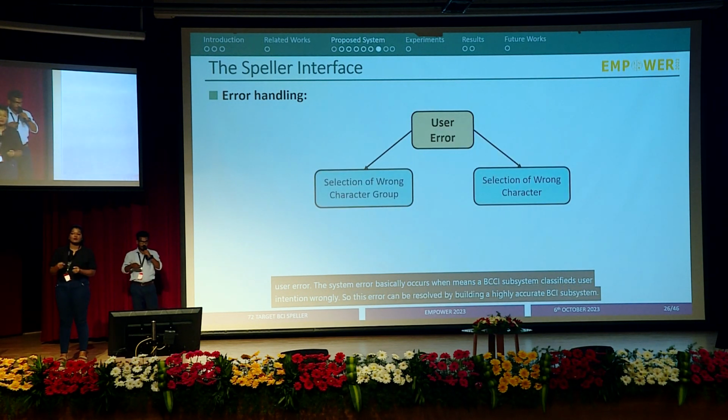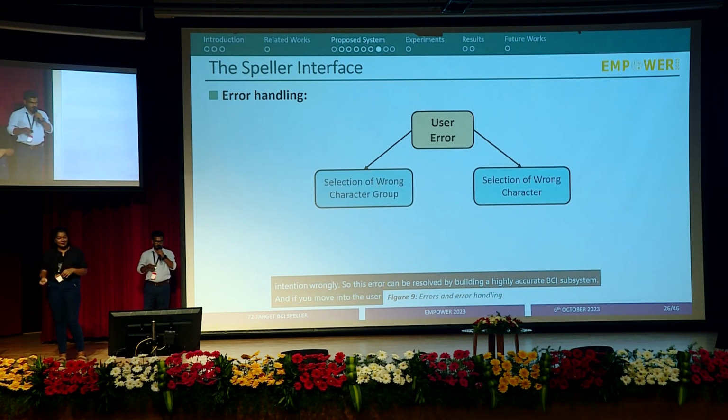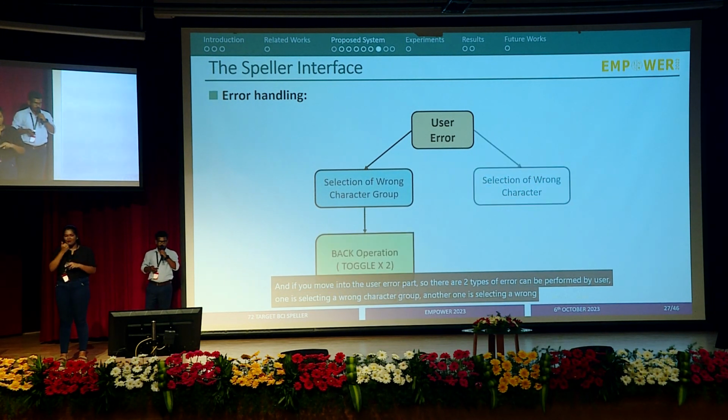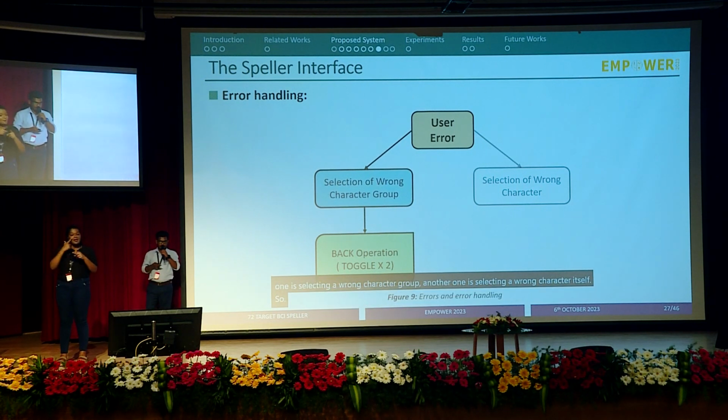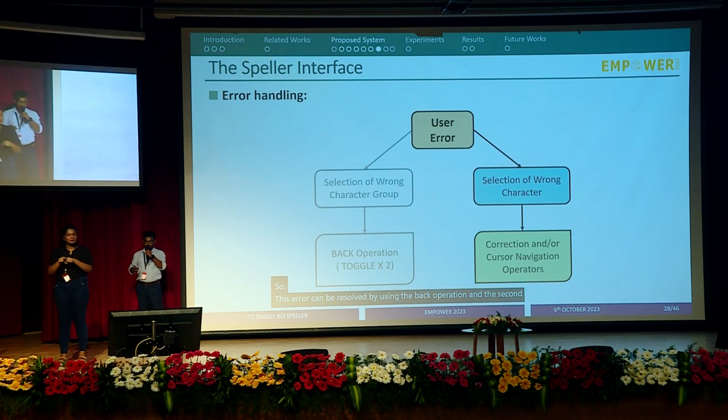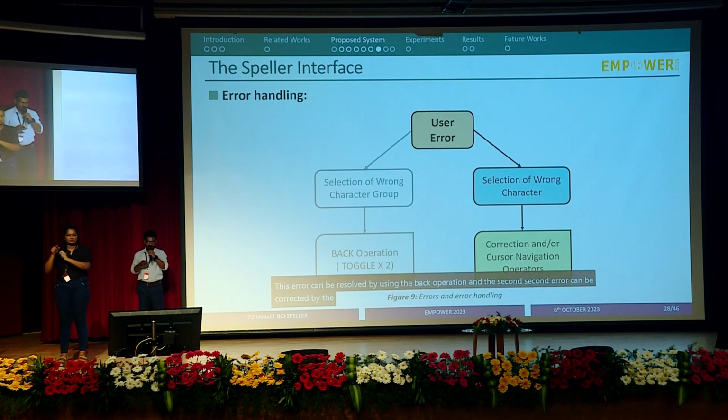As for user error, there are 2 types of error a user can make: selecting a wrong character group, and selecting a wrong character itself. The first error can be resolved by using the back operation.